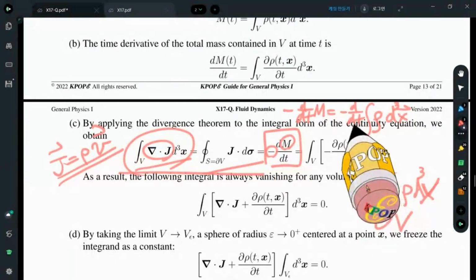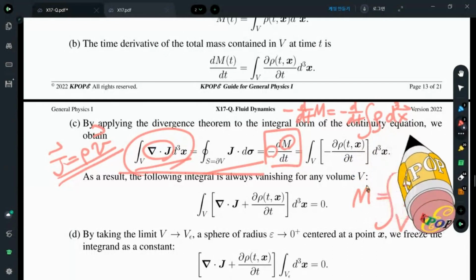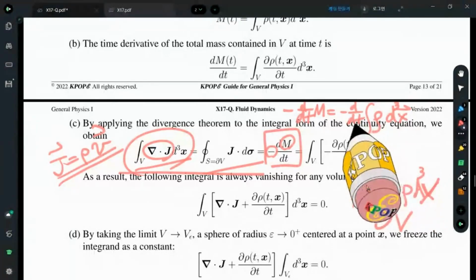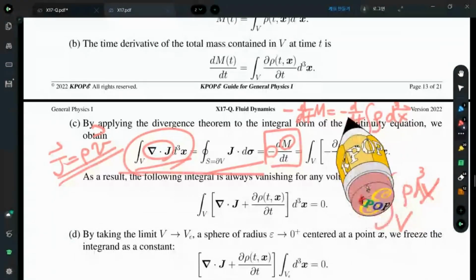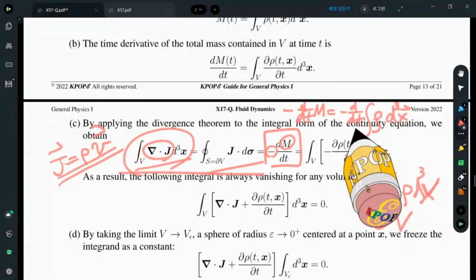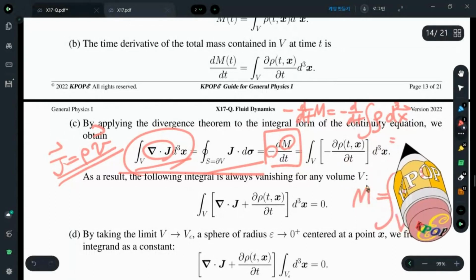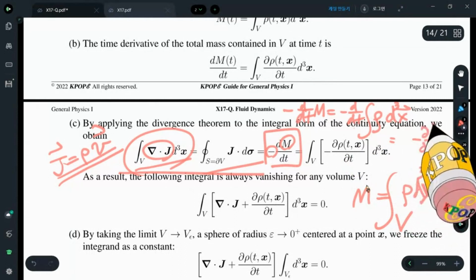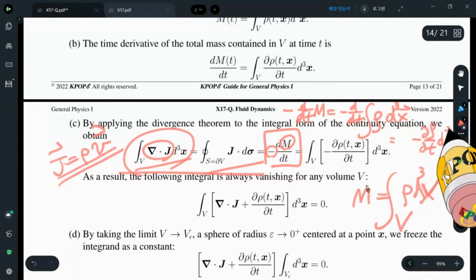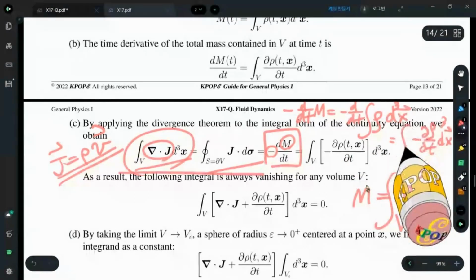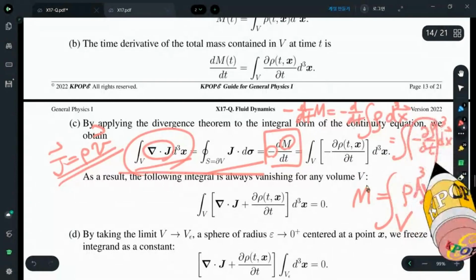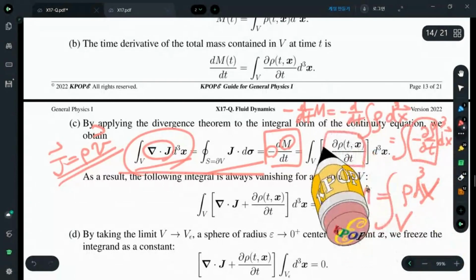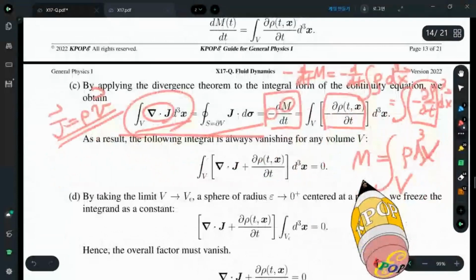I insert this derivative inside, and then this total time derivative is replaced with a partial time derivative, because I have to evaluate this time derivative before carrying out the volume integral. So here, I obtain this.